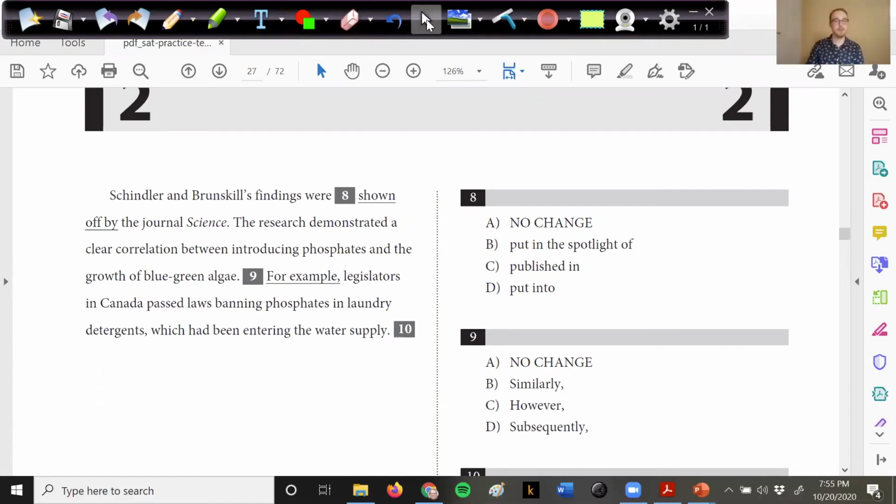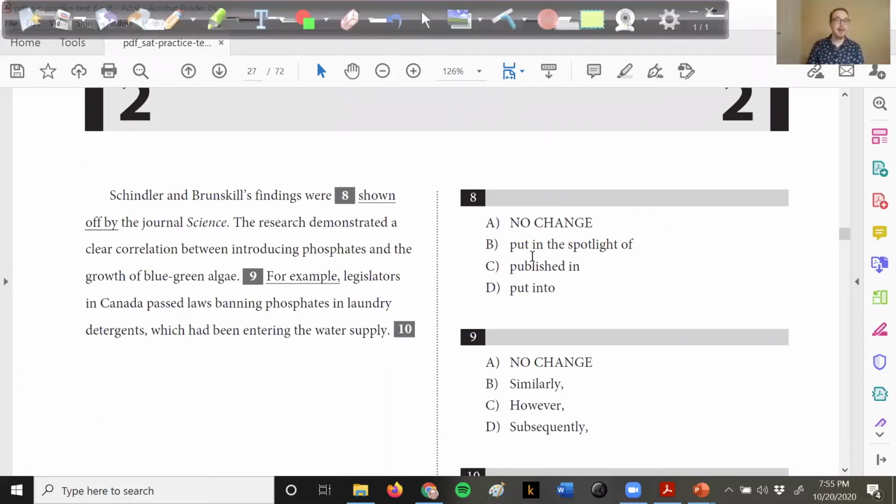None of these words are grammatically incorrect, and none of these words really mean something different, and there's no change in punctuation. We're just being tested on tone. How does the passage feel? And does the passage feel differently if we put these phrases in? So shown off by, again, it's a little informal. It's a little too casual for my taste.